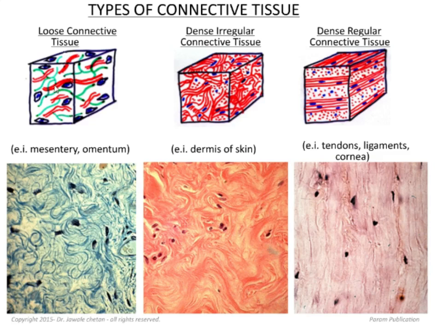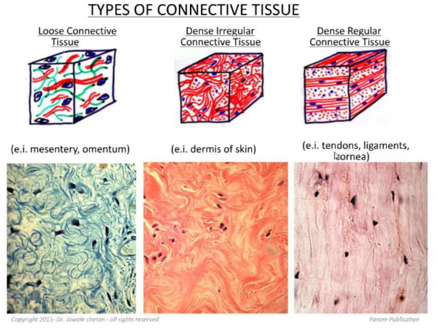If the fibers are loosely arranged, it is a loose connective tissue with a lot of matrix and fewer fibers. Here the fibers are densely, compactly, irregularly arranged within the matrix, and here the fibers are very perfectly, regularly placed, so it is called dense regular connective tissue.